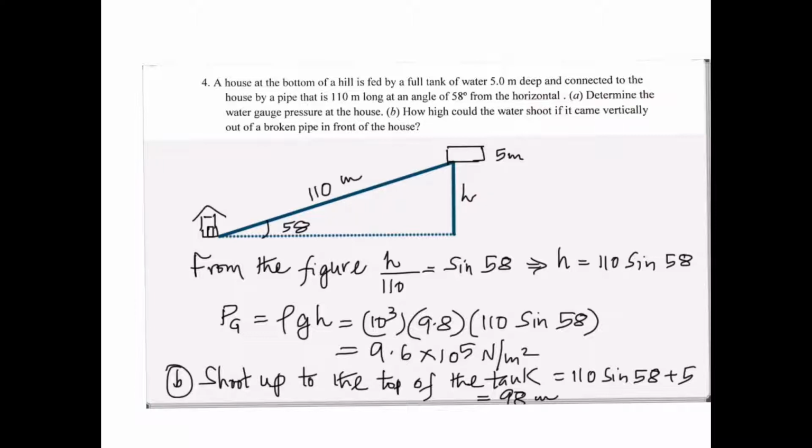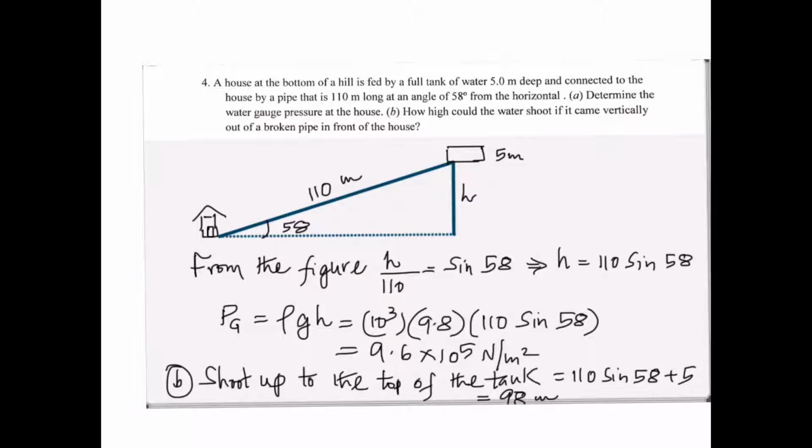The gauge pressure is the pressure exerted by the water in the water tank, which is going to be 10 to the 3 times 9.8 times 110 sine 58. That's going to be the gauge pressure there because of this height difference. That comes out to be 9.6 times 10 to the 5 pascals. That is the gauge pressure.